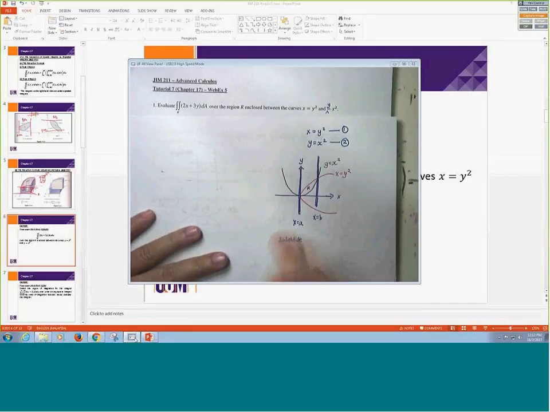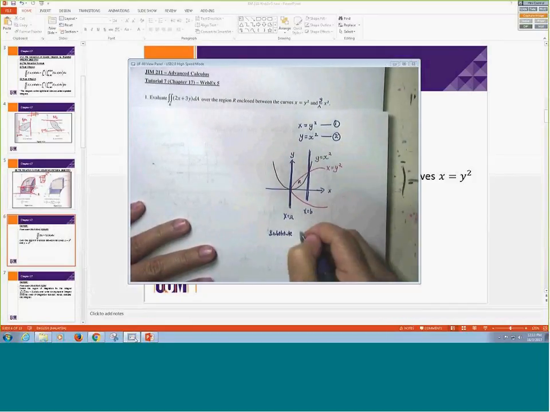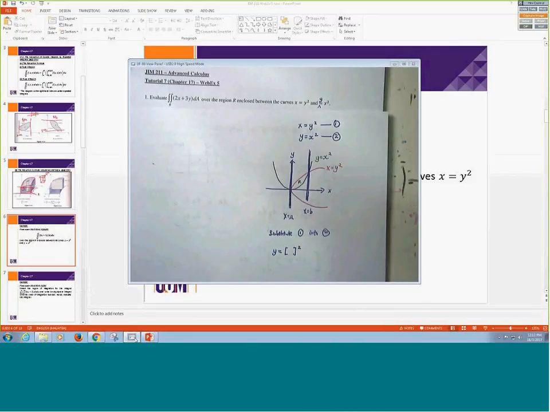We can simply substitute 1 into 2. We have x equals y squared, so y equals the x here replaced with y squared. So I have y equals y to the power of 4.